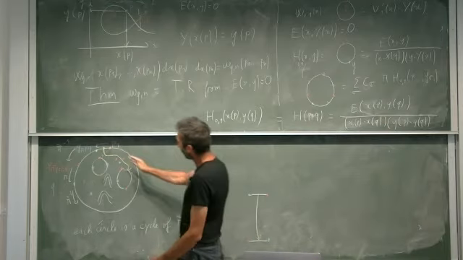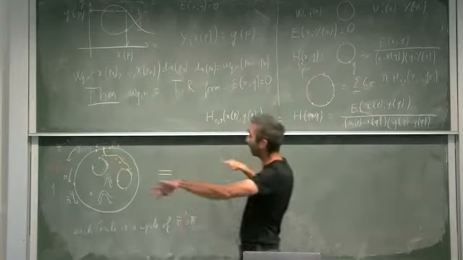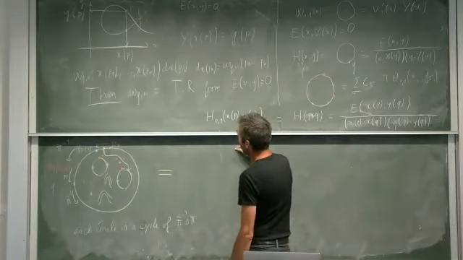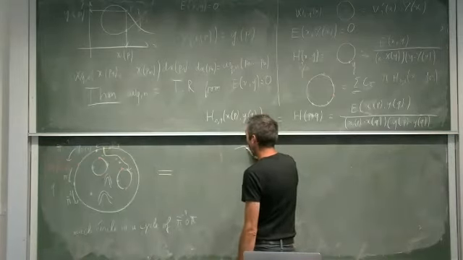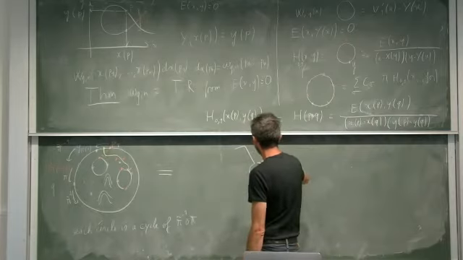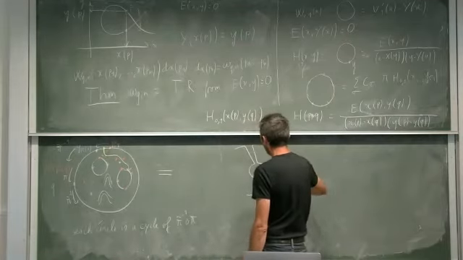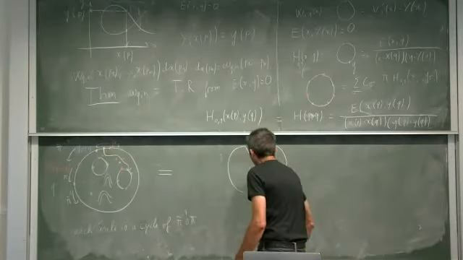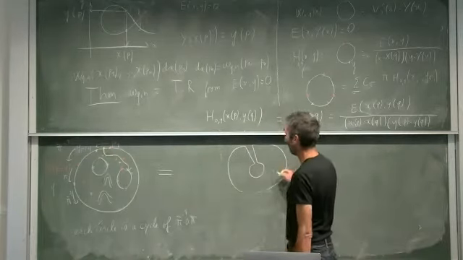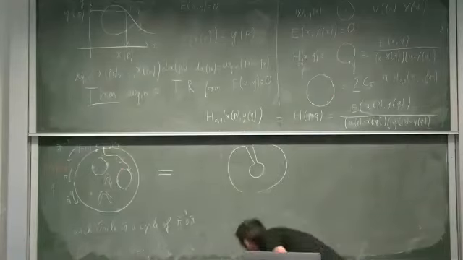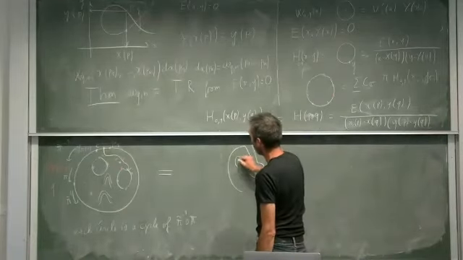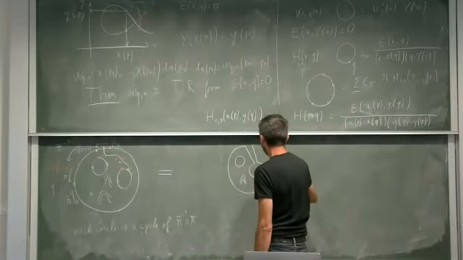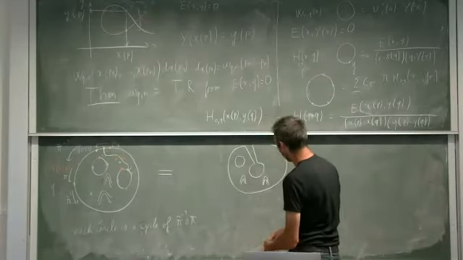Now cut this surface with scissors, and you will get a new one that will have one less boundary, same genus.